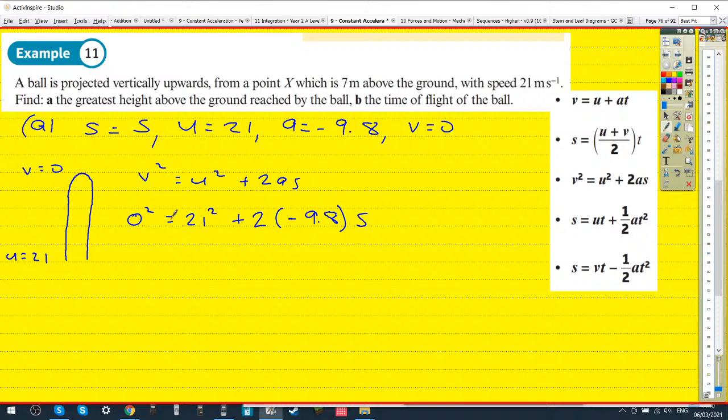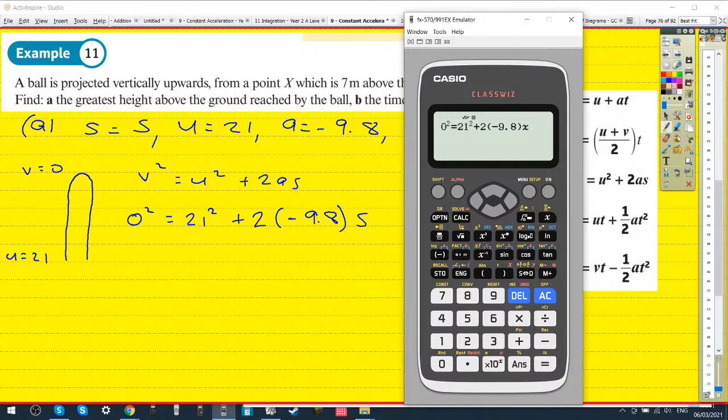Tell me what you get. Zero. Divide 0 by the number, it gives you 0. Something's gone wrong. Just put it into your calculator, maybe. I think it should be minus 21 squared divided by minus 4.9.